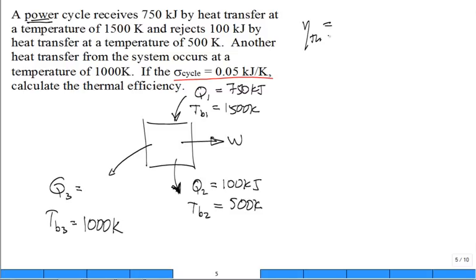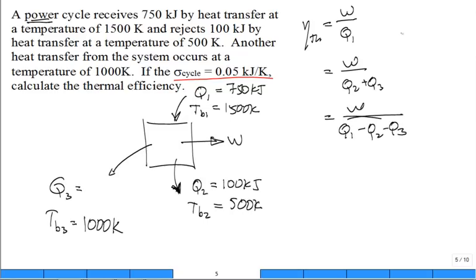What's the definition of thermal efficiency for this problem? Clicker question: should it be W over Q1, or should it be W over Q2 plus Q3, or will it be W over Q1 minus Q2 minus Q3?